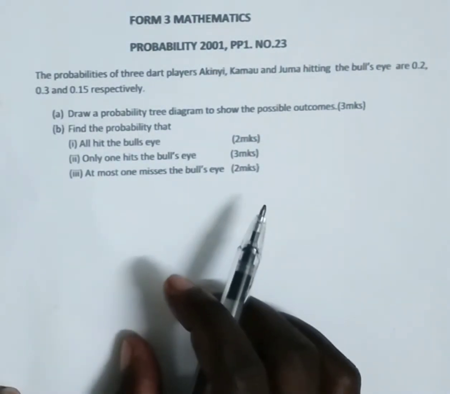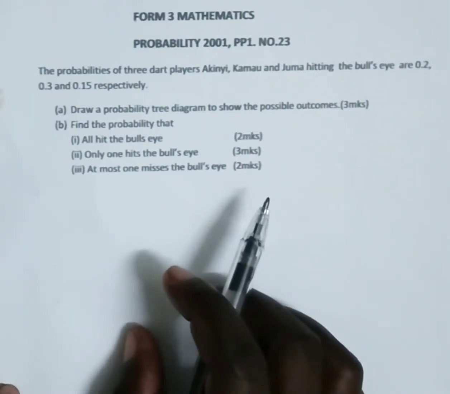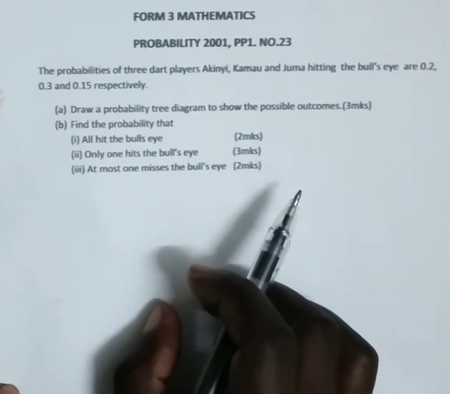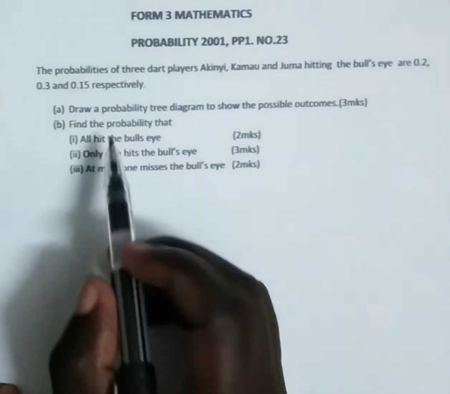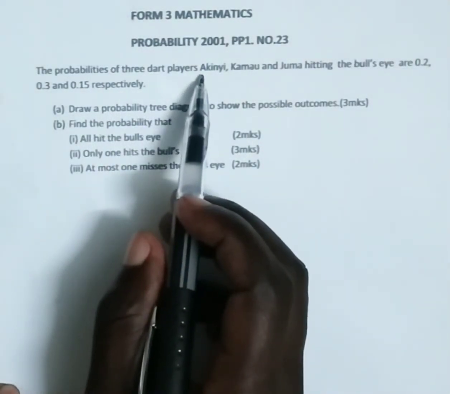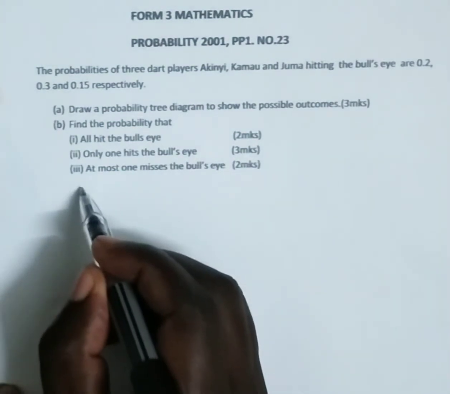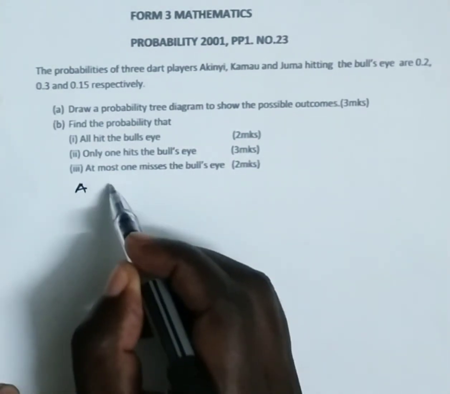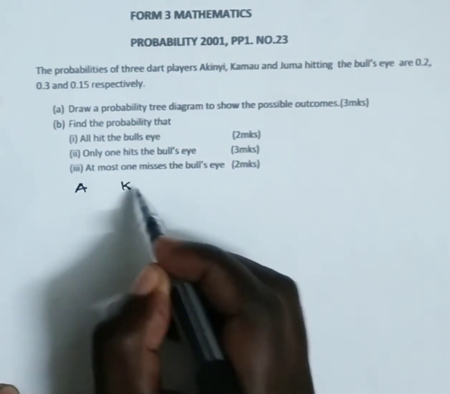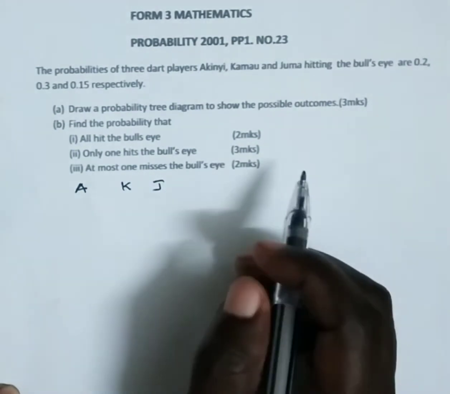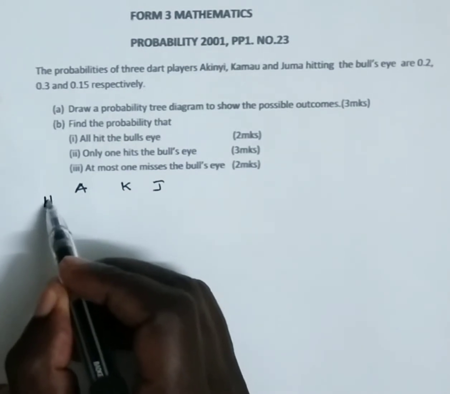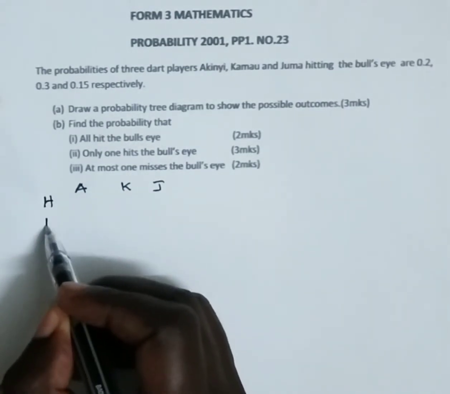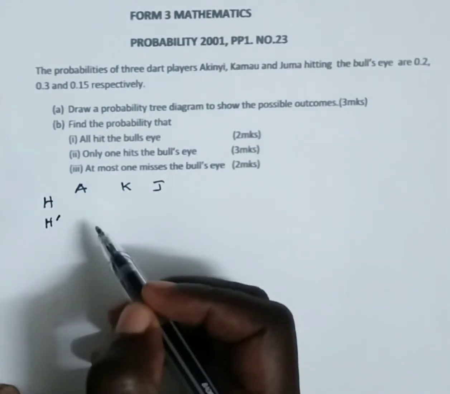We know that probability is two-sided, that is either something happens or something fails to happen. We have 3 players, that is Akinyi, Kamau, and Juma. We have the probability of hitting the bull's eye and the probability of not hitting.